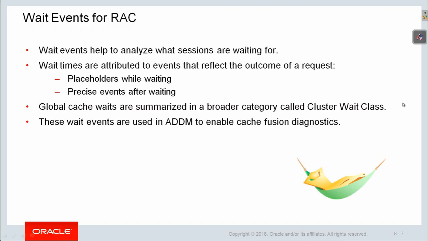And once the job is done, your placeholder wait event is converted to the actual wait event. And that gives you a more meaningful description of the operation that was done. And also, global cache waits are summarized in a broad category called the cluster wait class. And these wait events are used in ADDM to enable cache fusion diagnostics.